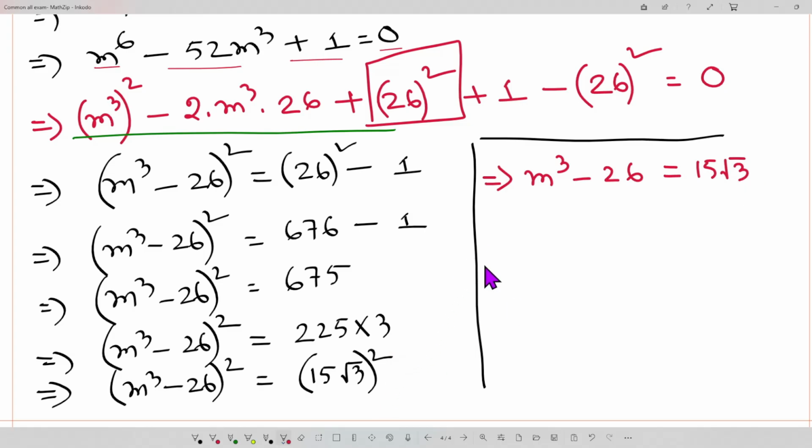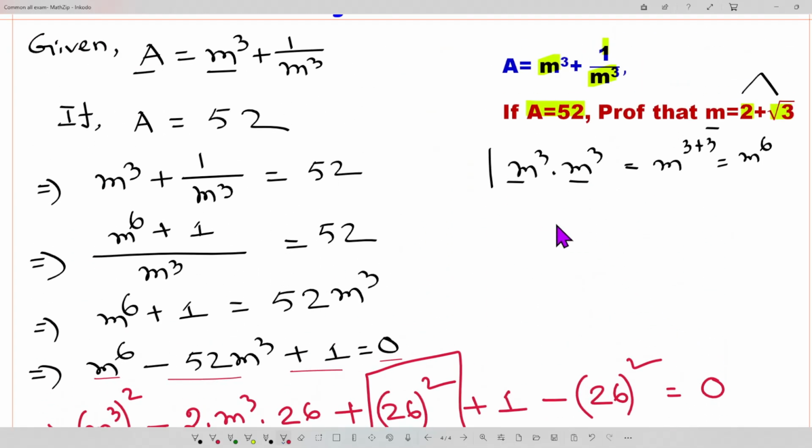Okay, then m cube equals 26 plus 15 root 3. Now we should make an important move, which is that here is an m cube. It means we have to take the cube root of both sides. For that, we use the formula a plus b whole cube.